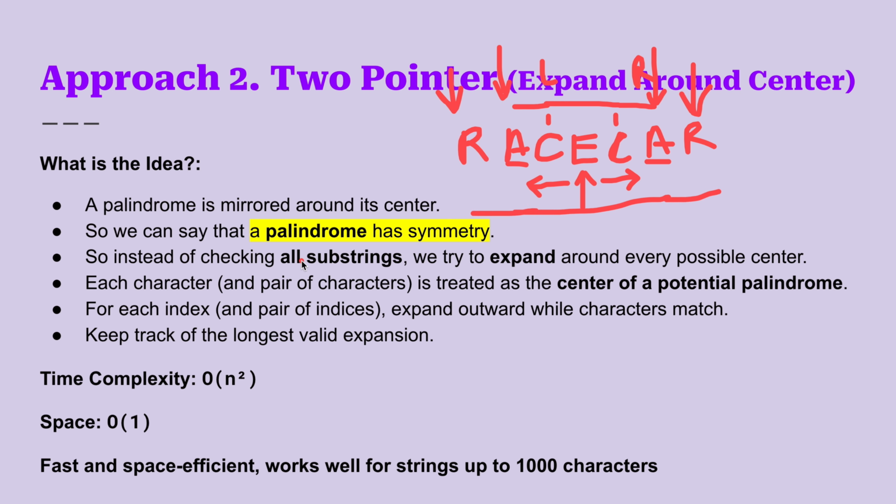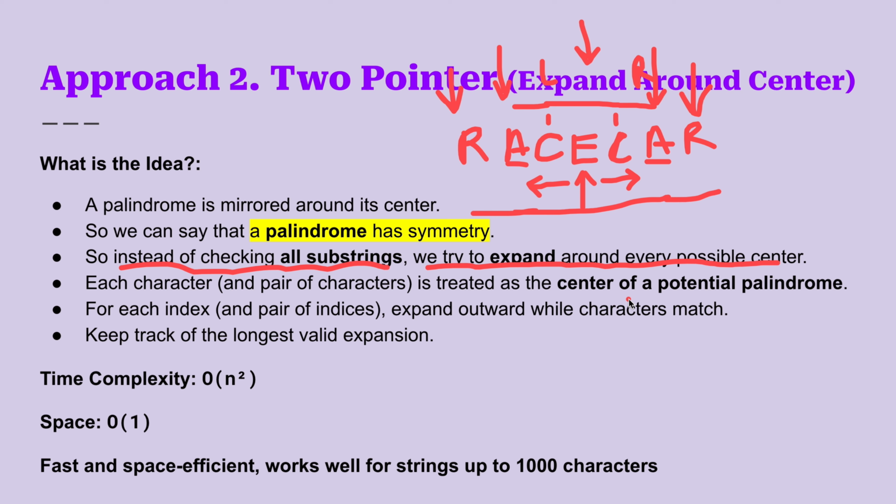That is why, instead of checking all the strings, we try to expand around every possible center. For this case, we take only this center and we have a big palindrome.